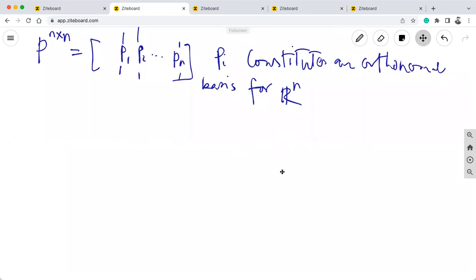So we have some notes. First of all, the orthogonal matrices and unitary matrices have some nice properties.